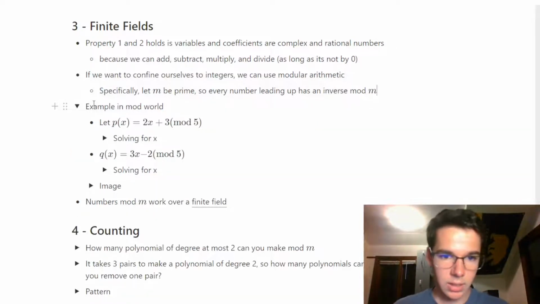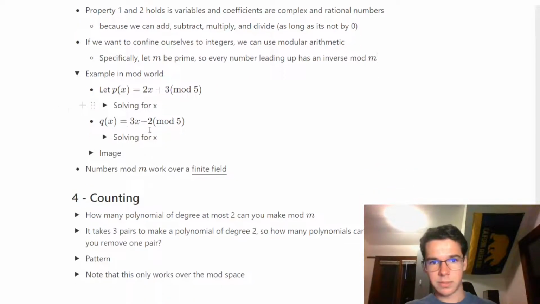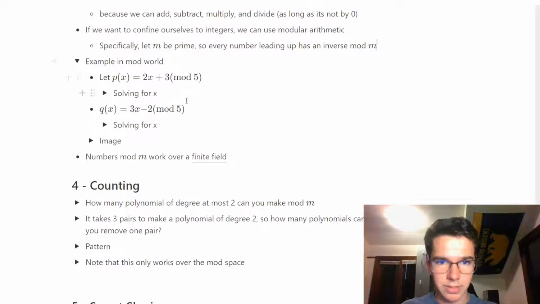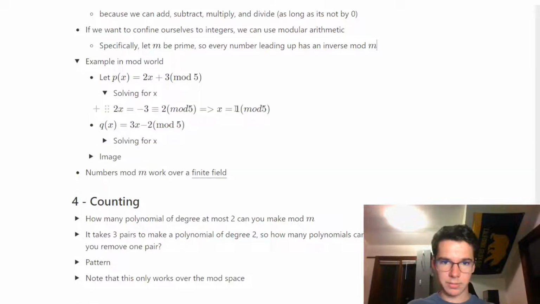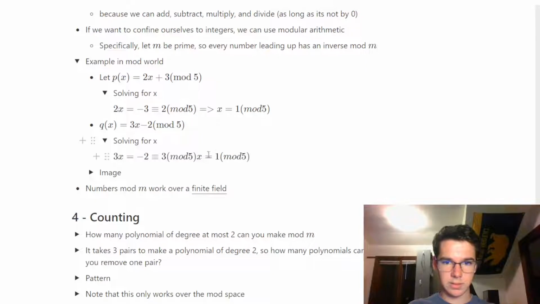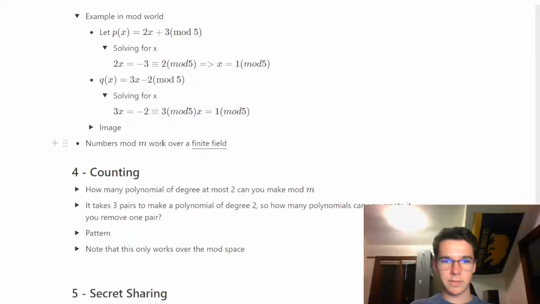So let's take a look at this polynomial 2x plus 3 in the mod 5 space. If we were to solve for x, we would find that x is equal to 1 mod 5. And similarly, this other polynomial, mod 5, is also equal to 1 mod 5.